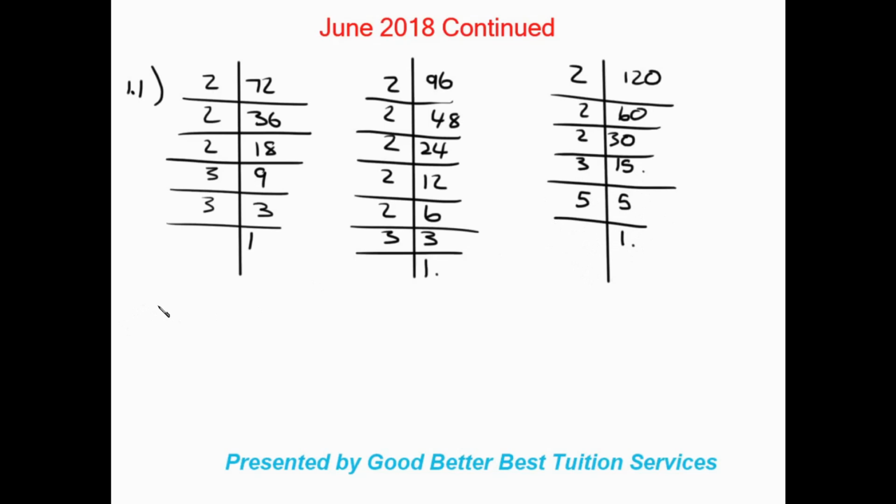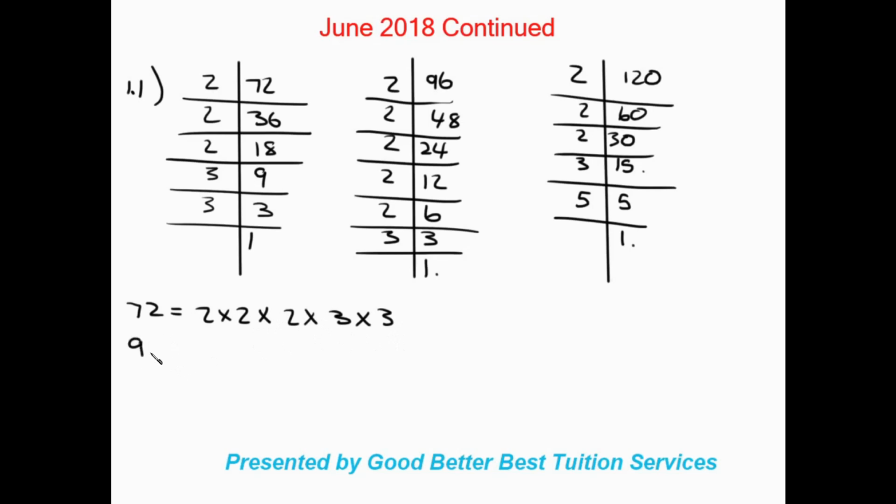So what we're going to do now is write out each one of these ladders as a product, okay? So we know 72 is equal to, now we're going to put the prime factors there, 2 times 2 times 2 times 3 times 3. Cool.